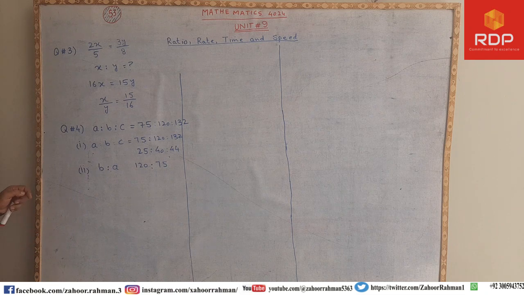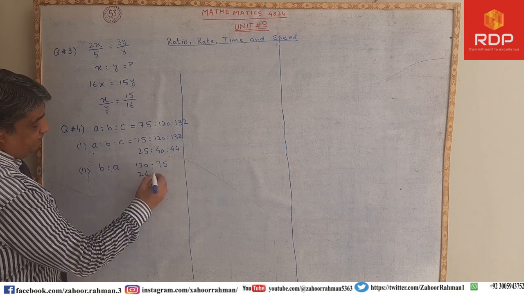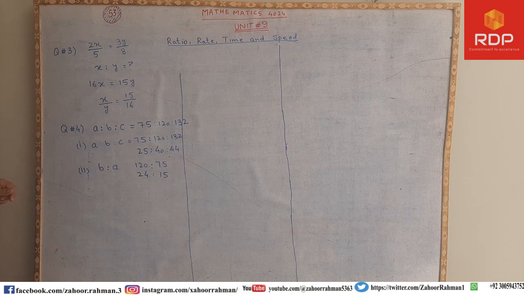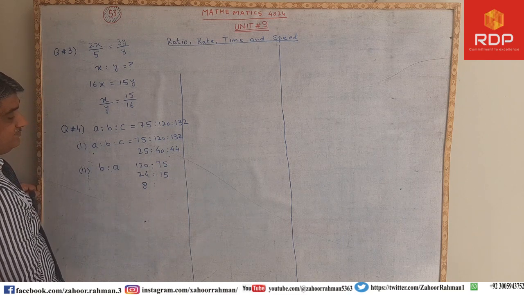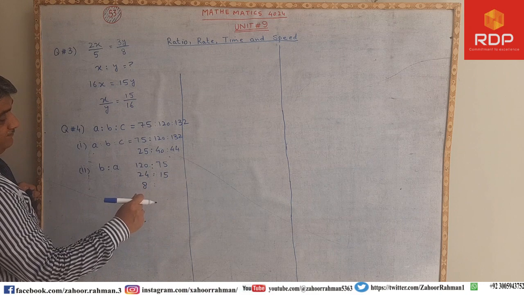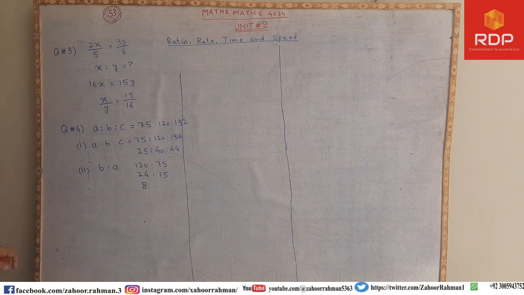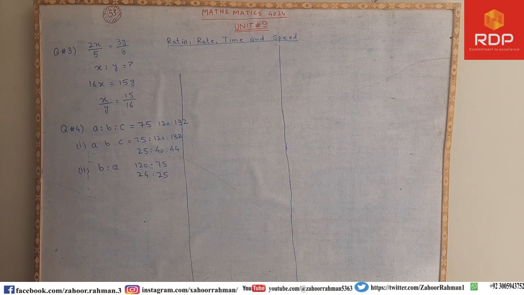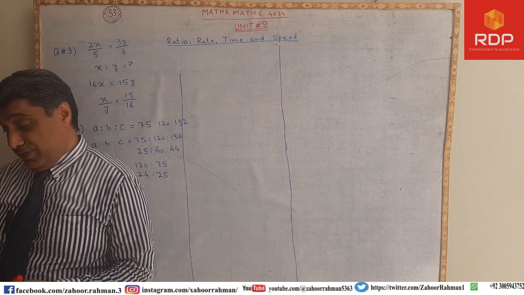Both are divisible by 5. 5 fives are 25, 5 twos are 10, 5 twenty-fours are 120, so 24 ratio 25 is the value.